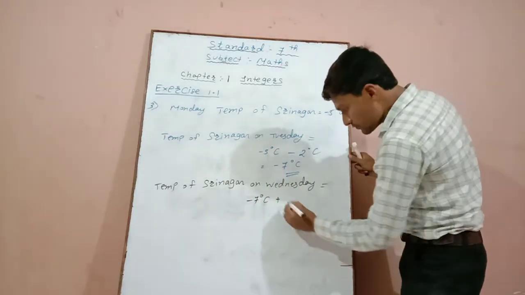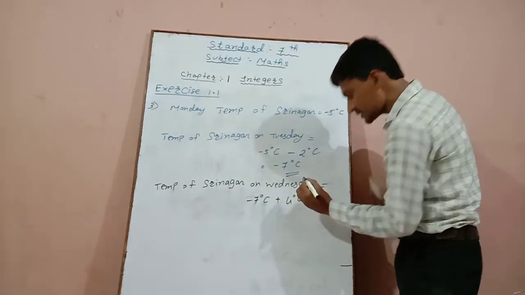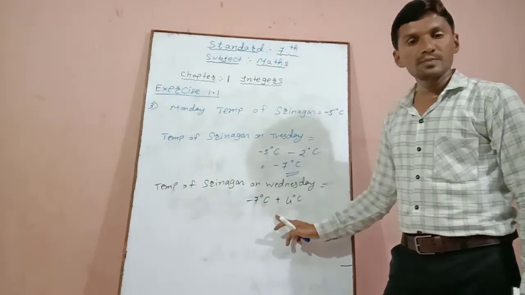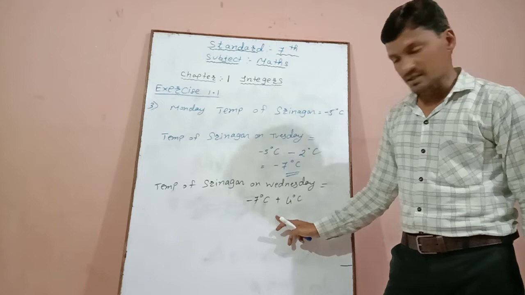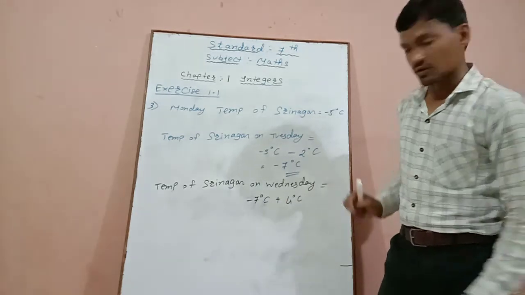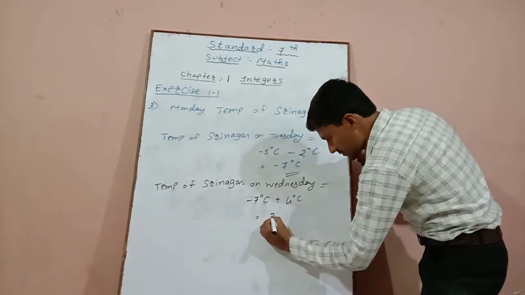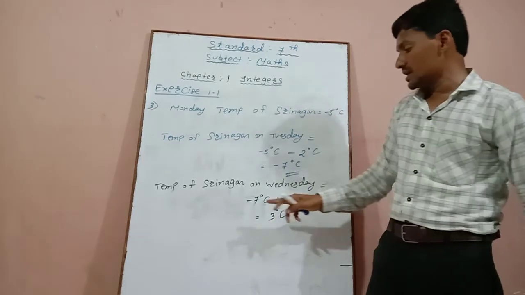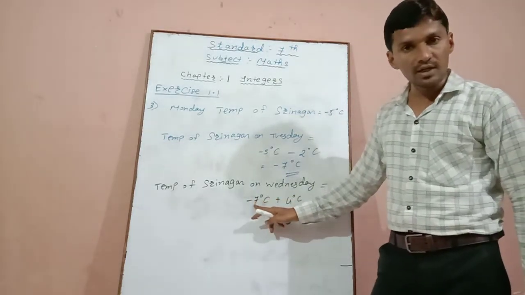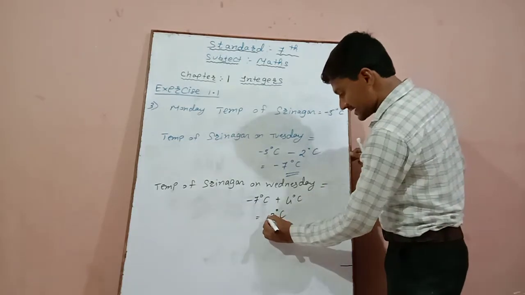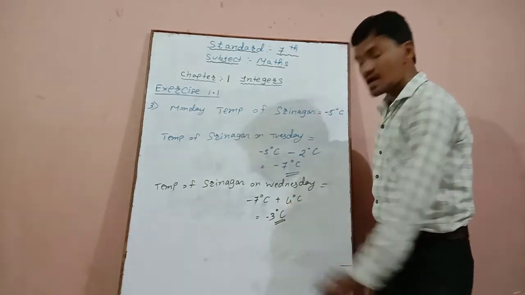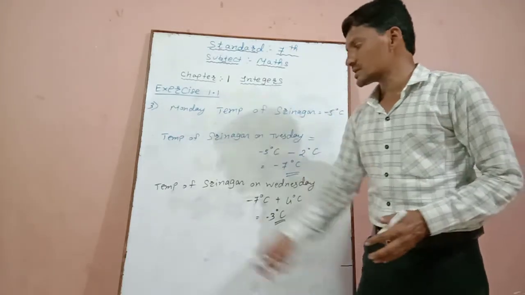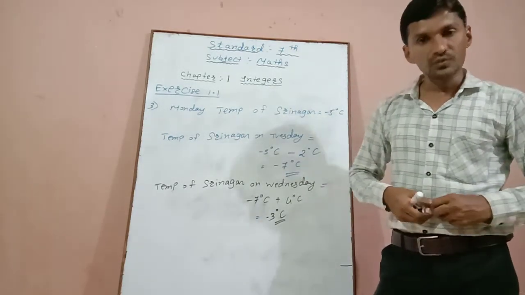We have to add 4 degree Celsius. So minus plus is equal to minus. So 7 minus 4, answer will be 3. But the 3 degree Celsius will be minus because the greater number is 7 and the sign of 7 is minus. So the answer will be minus 3 degree Celsius. This is the answer of question number 3.